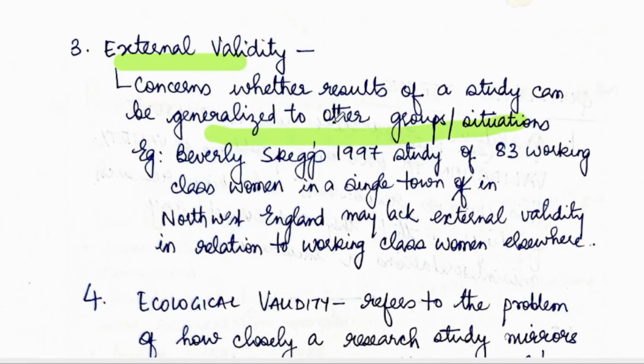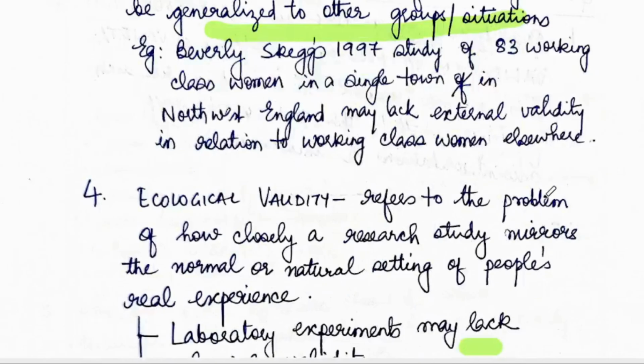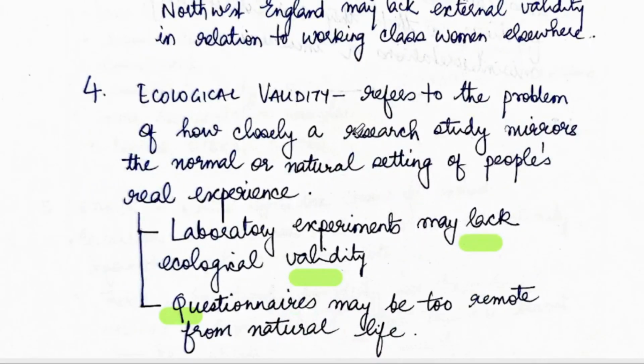External validity, where we are trying to generalize the findings of one study to other groups and situations. And finally, ecological validity, where we are trying to see whether the setting of the research study actually mirrors the normal or the natural setting of people's real experience.